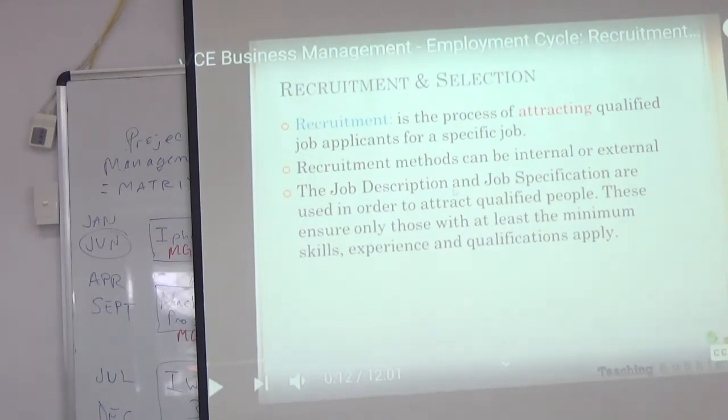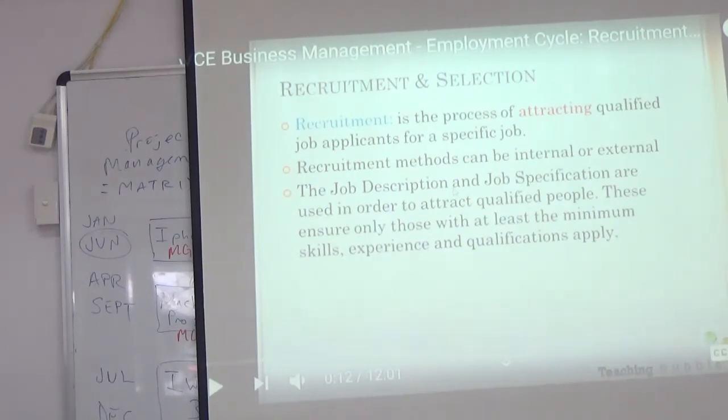These applicants are contacted and invited to an interview session. Not everyone who applies gets interviewed, so they call this a short list. So you have a long list of 100 people who want a job, and you'll choose 10 people to interview.